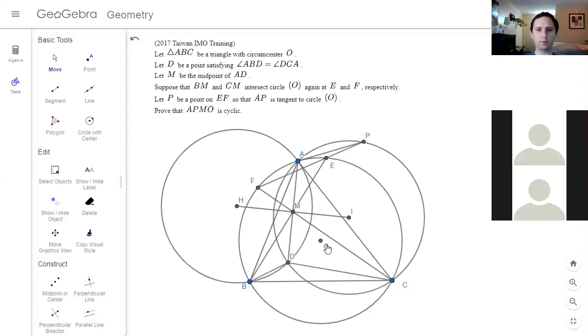Is DMO similar to PMI? I don't think so. This is hard.